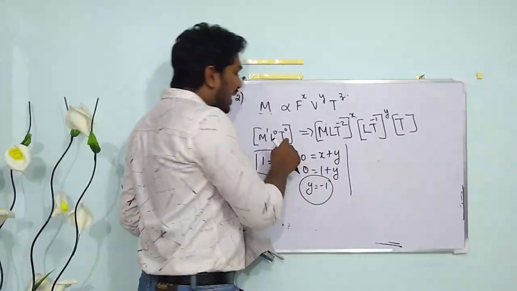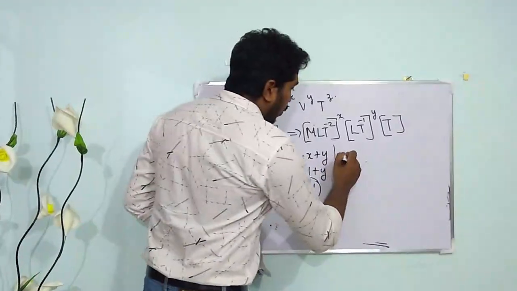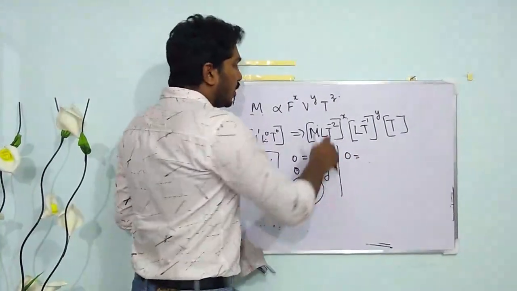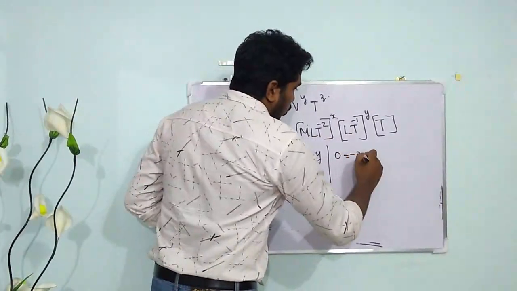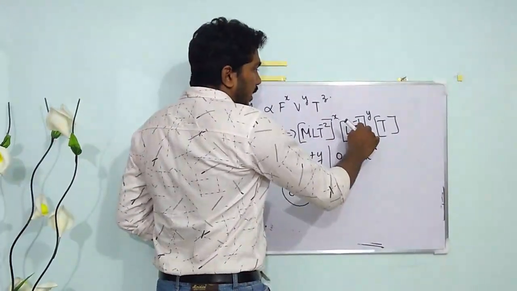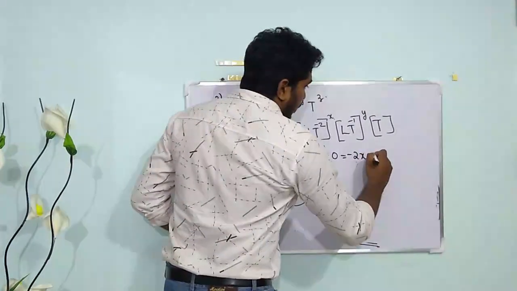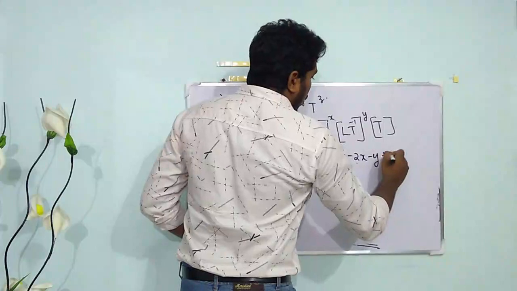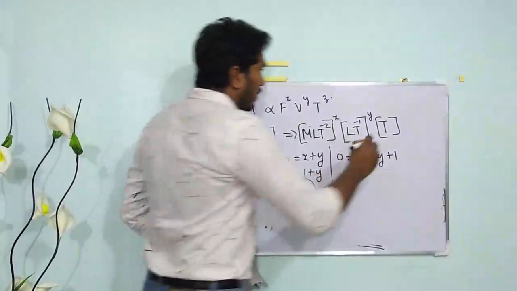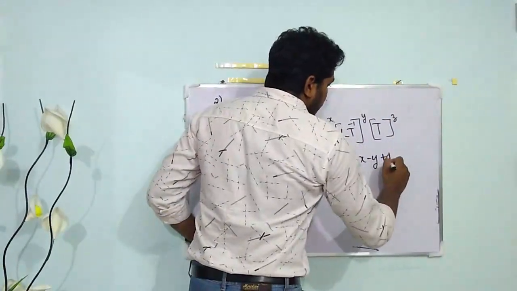Now, to find the power z, consider T. In the LHS, T has the power of 0. So 0 equals, here there is a minus 2, so minus 2 into x, minus 2x. Here there is a minus 1, so minus 1 into y, minus y. And I'm sorry, we forgot the z over there, the power is z.